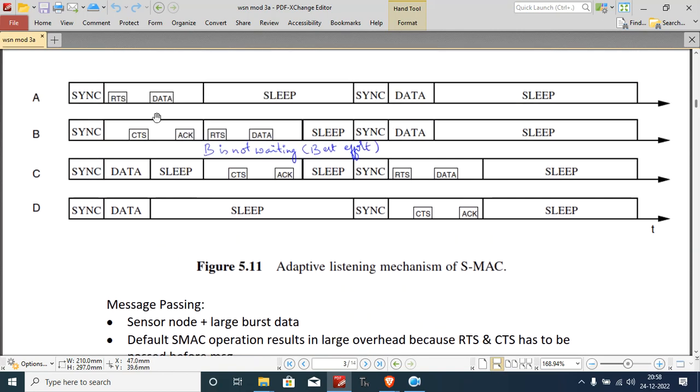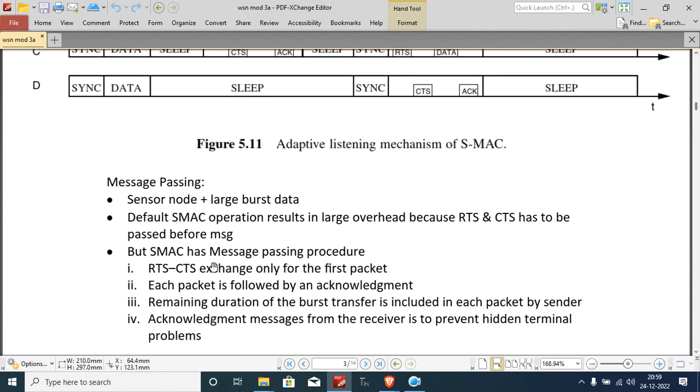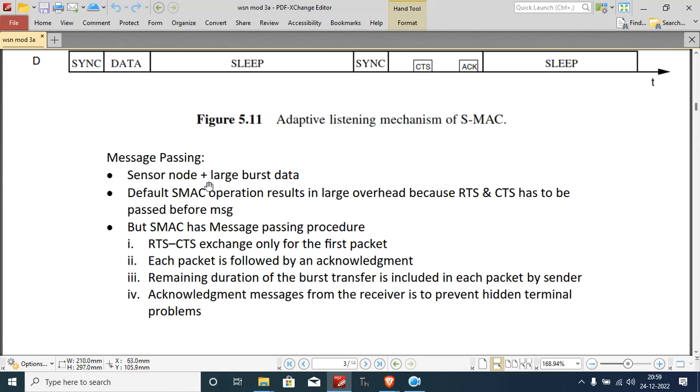Here you can see that before the transmission of data, RTS and CTS handshaking signals are a must in SMAC, but by using the concept of message passing, SMAC can reduce all those overheads, and let's see how exactly it happens in message passing.